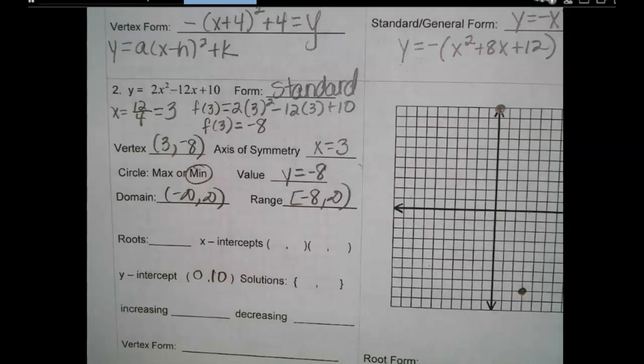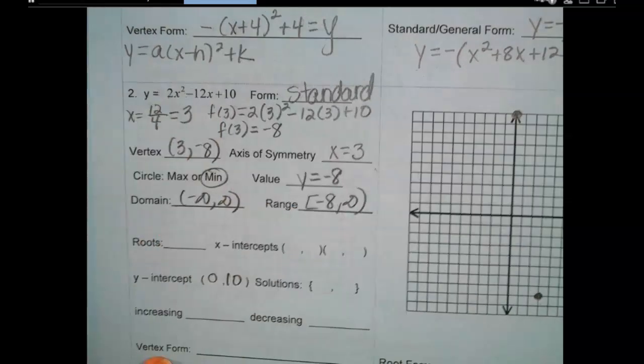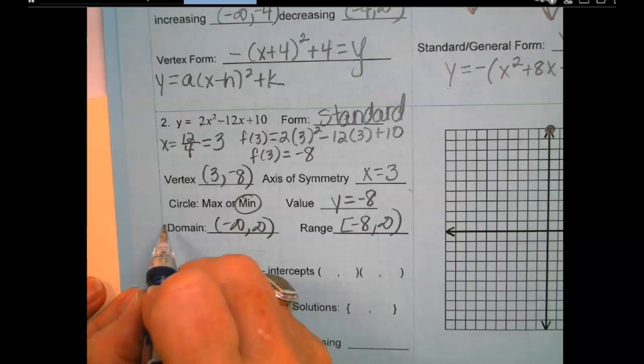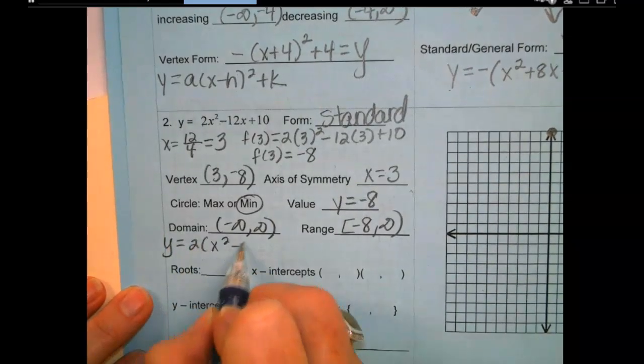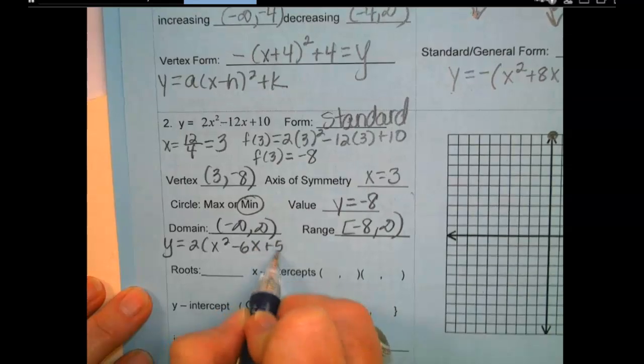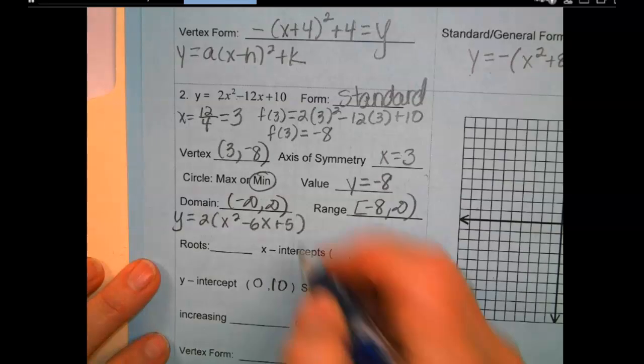Okay, what am I missing? The root. Any suggestions? Factor. Factor, we will. So I'm going to divide by 2.